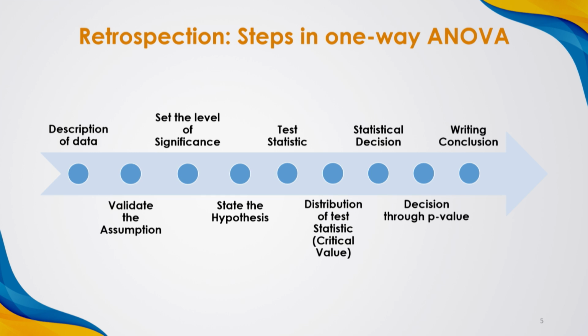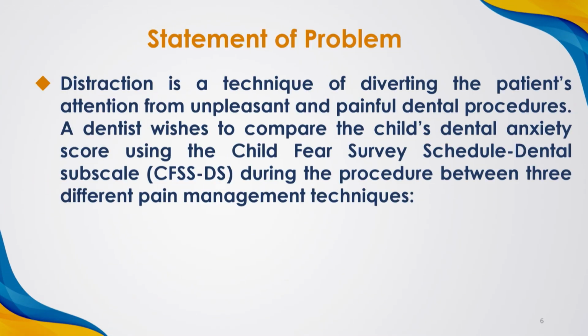In the previous video, we have learned the steps for performing the one-way ANOVA, starting from description of data, validate the assumption, level of significance, state the hypothesis, test statistic computation, critical value, statistical decision, and then finally writing conclusions.